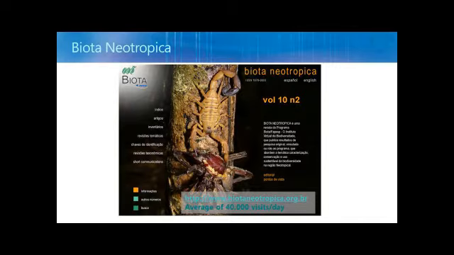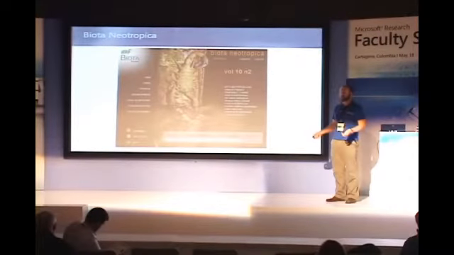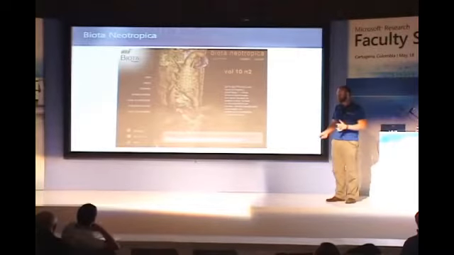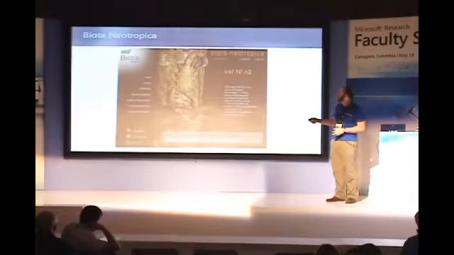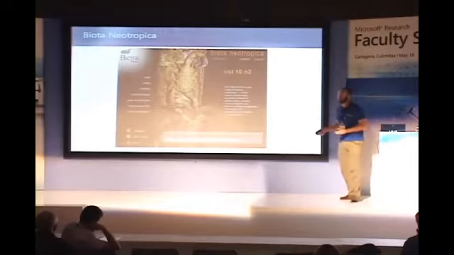And the last component is the BIOTA Neotropica journal. It's a journal that has been reaching very, very much success in the context of Latin America. We have articles coming from all over the world now. I believe we don't have any content that had not been published in this magazine. We are now at number 11.2, and we have really good access.